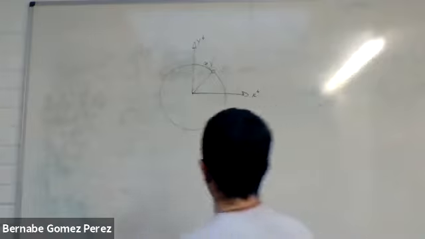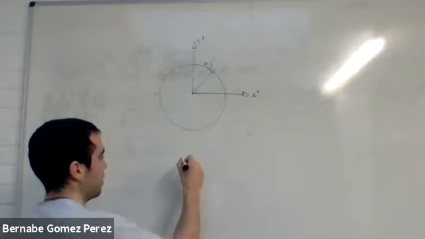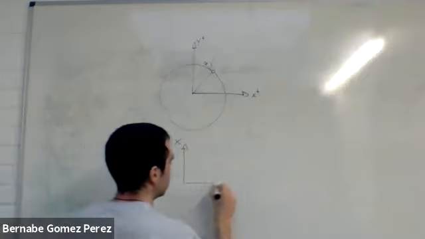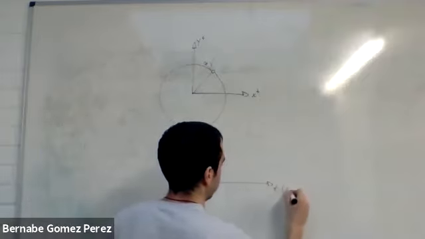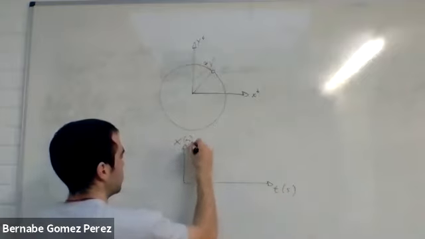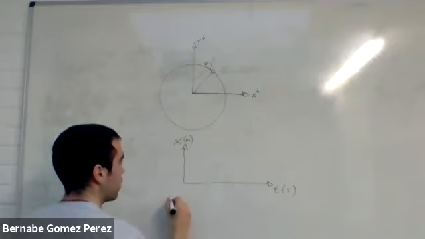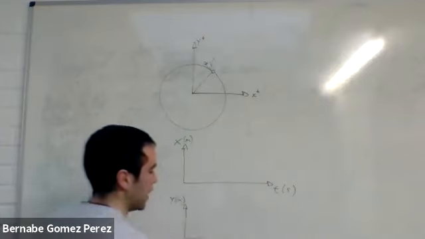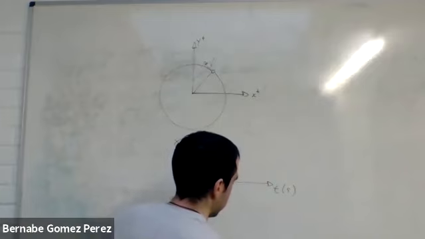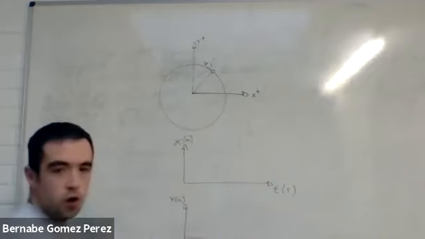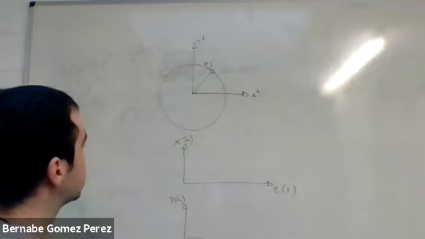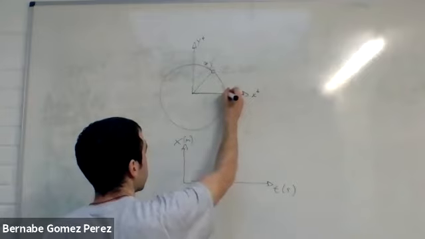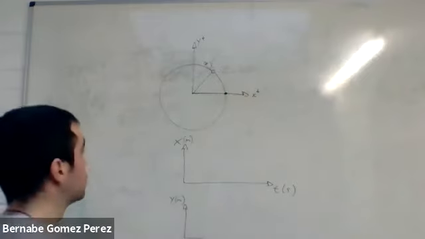Then I want to plot the x coordinate with respect to the time, in meters, for example. And I want to plot also the y coordinate with respect to the time, okay? Let's say that here y is equal to 0.